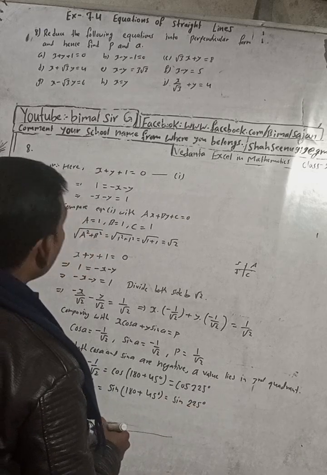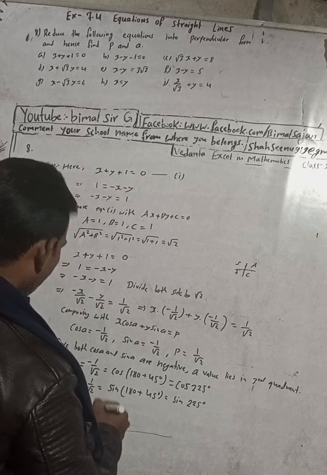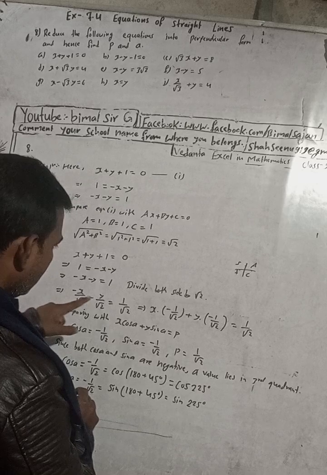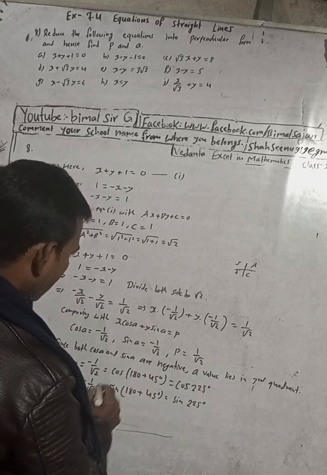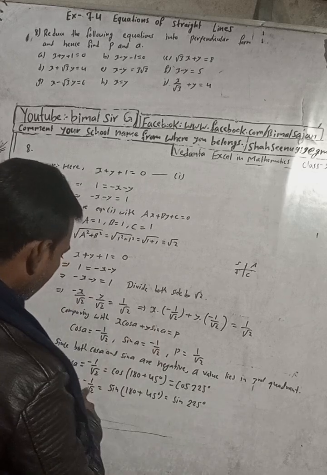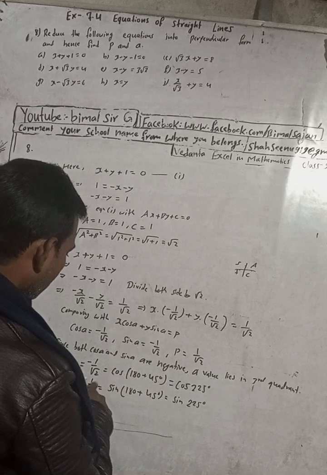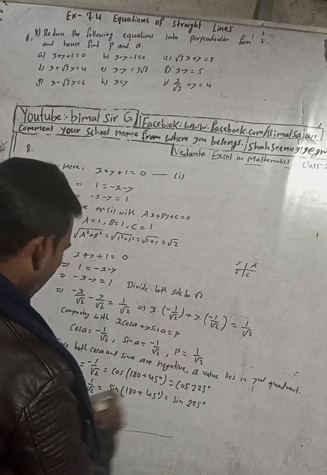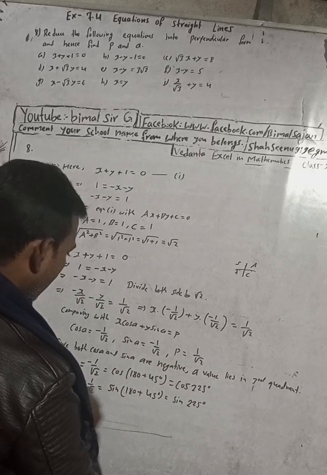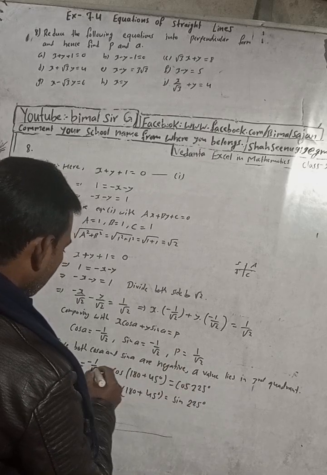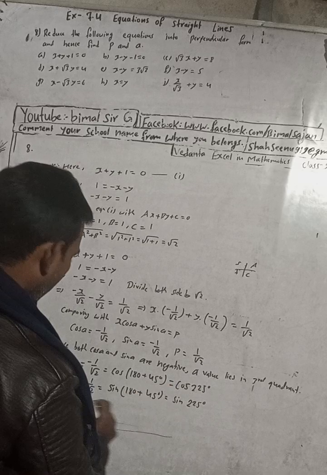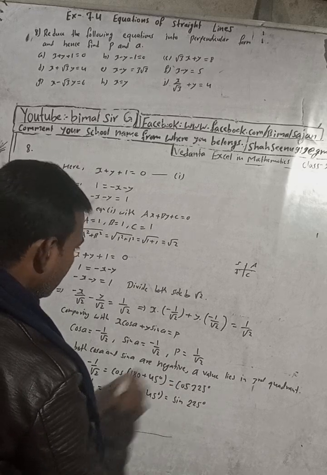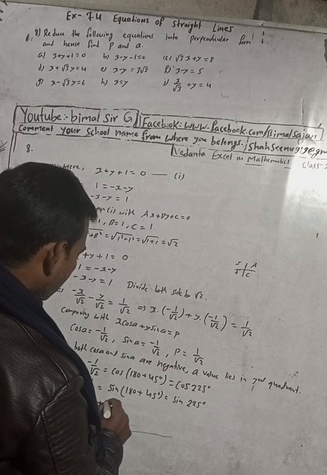Okay, that means now our equation is, what is now our equation? In place of minus 1 by root 2, we can write here cos 225 degree, so write here x cos 225 degree, and then plus y.